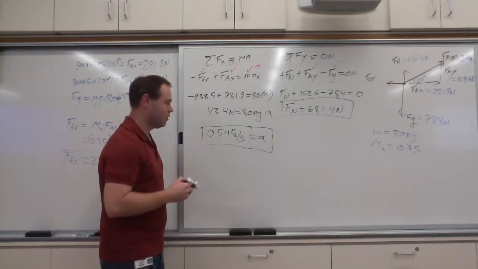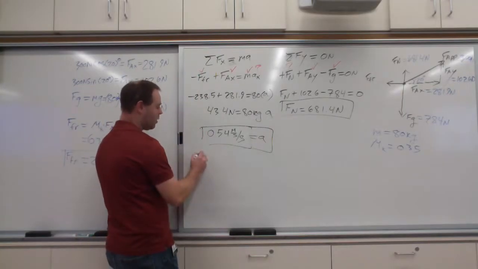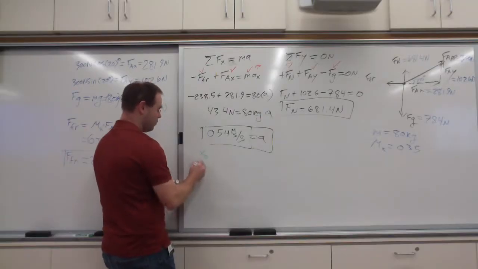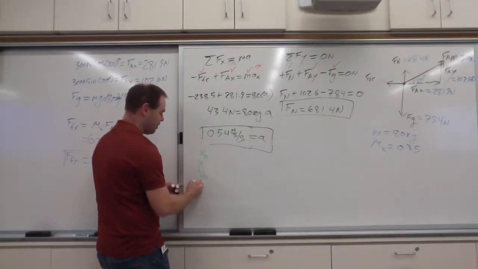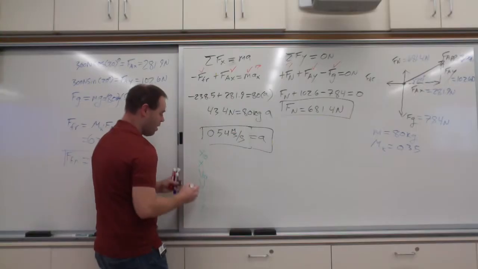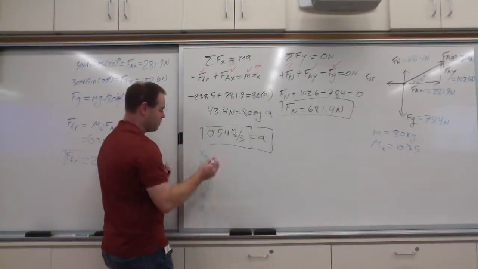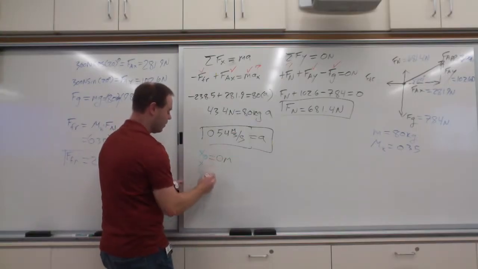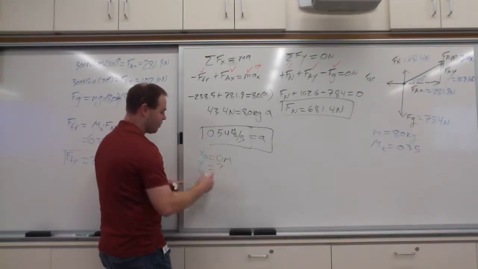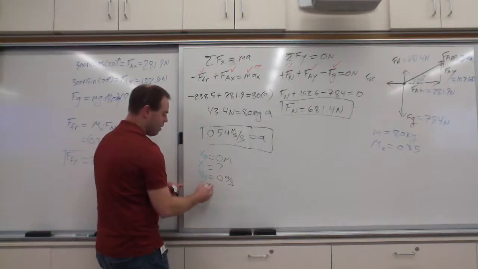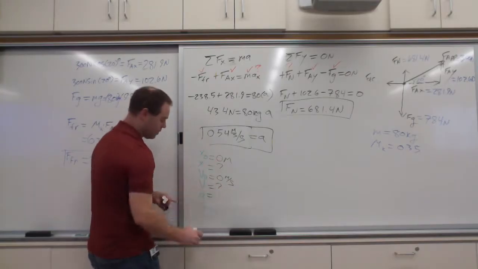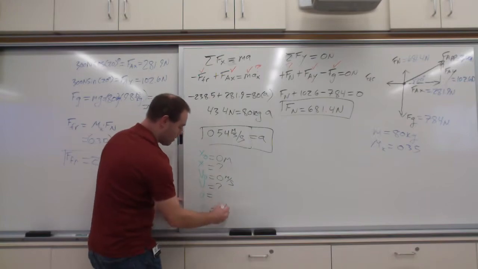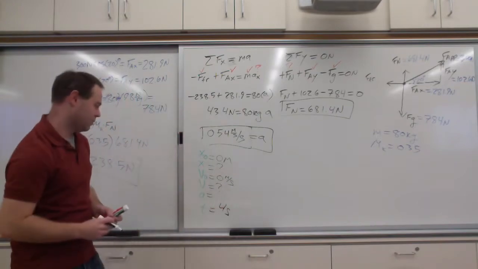For example, if we were to list out our variables: position initial, position final, initial velocity, final velocity, acceleration, and time, we know that they started at an initial position of 0 meters. We don't know how far they travel, that's what we're trying to find. They start with an initial velocity of 0 meters per second. We don't know what their final velocity is. We didn't originally know what the acceleration was, but we were asked how far they went in 4 seconds.